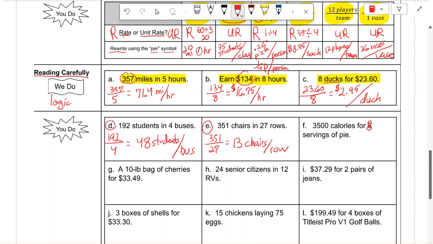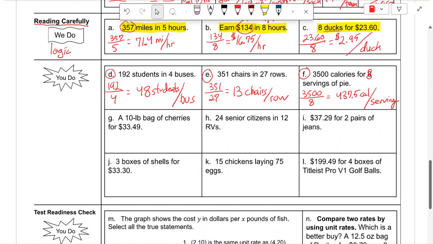So go ahead and change it into an 8 before you do F. Pause now and try F. All right, take a look at F right here. It's 3,500 calories for 8 servings of pie. So we divide it and we got 437 and 5/10 calories per serving.